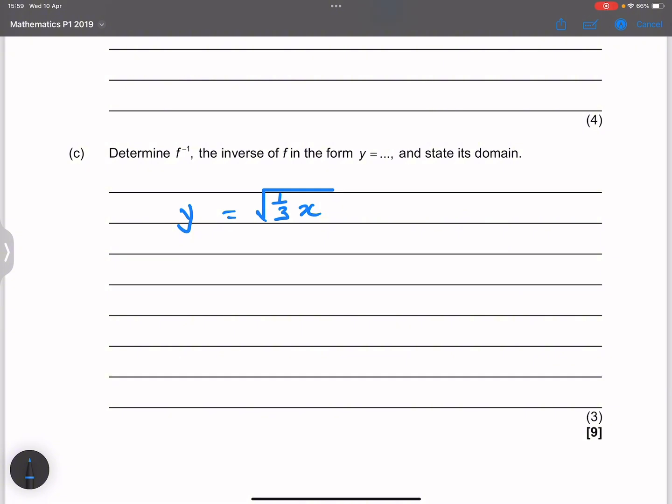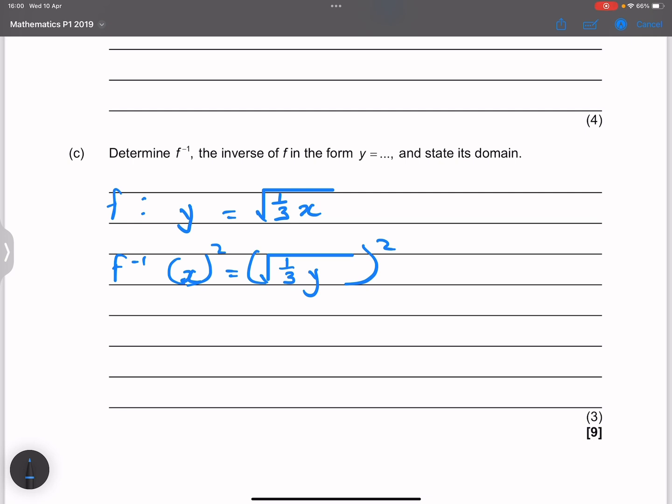Now all we need to do to get the inverse, so this is f, is swap the x and the y. So this is going to be x equals the square root of 1 over 3 y. Let me write that nicely. So now all we need to do is square both sides, to try and get rid of that.